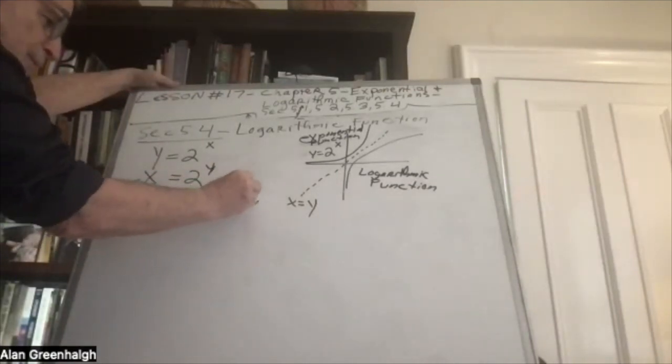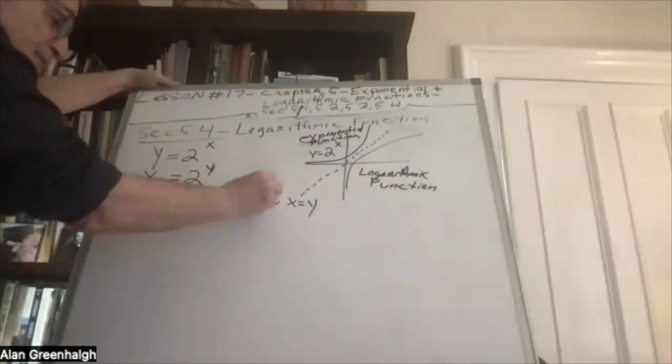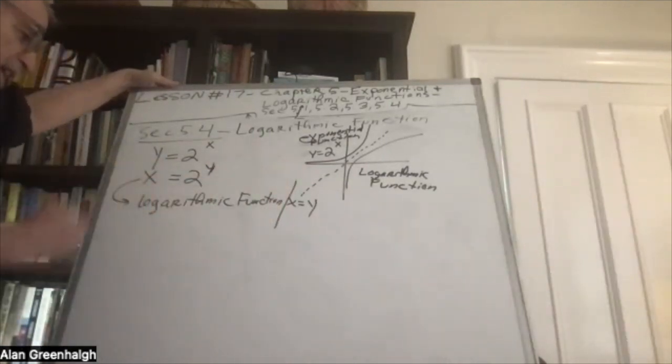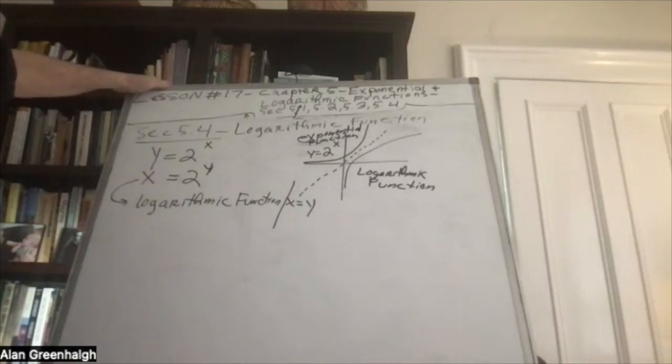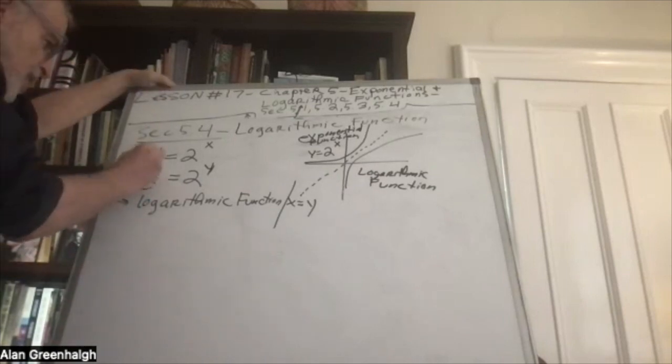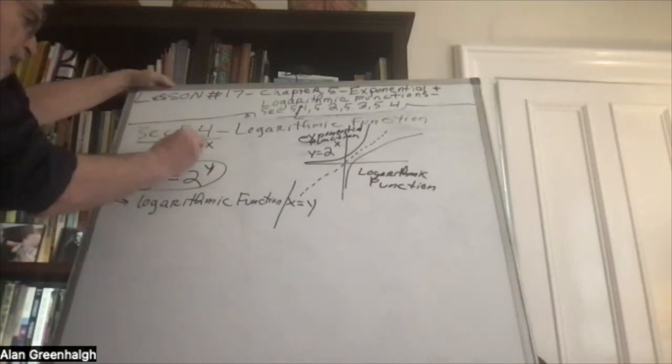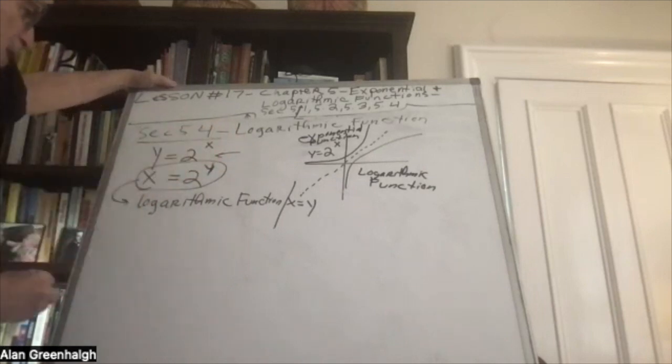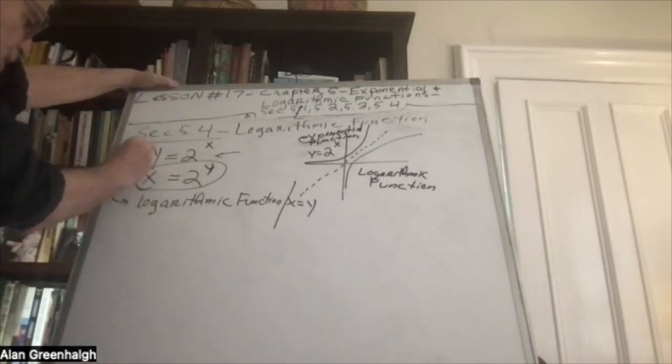That's where logarithm comes from. It comes from the inability of mathematicians to be able to find the inverse of an exponential function. And now the question is, so what is this as a logarithmic function? This is what it is.